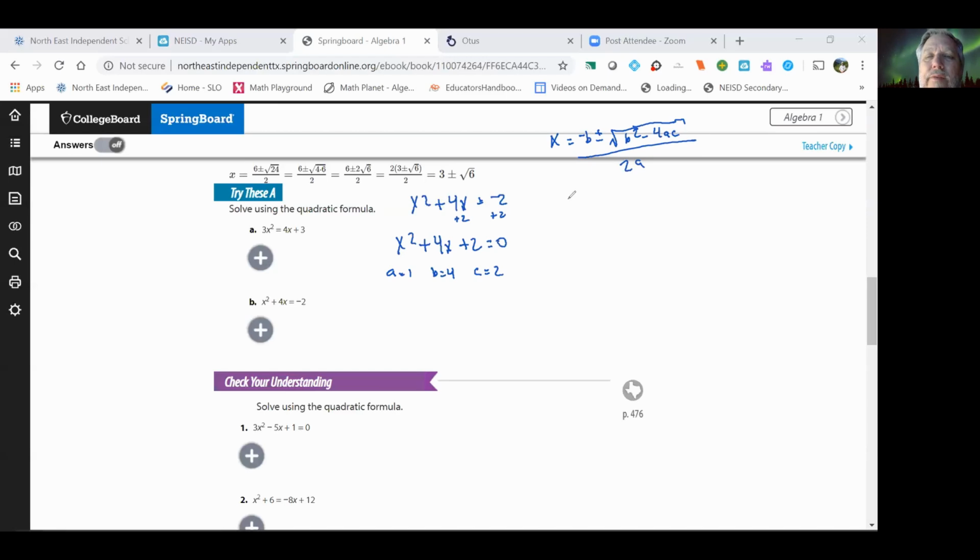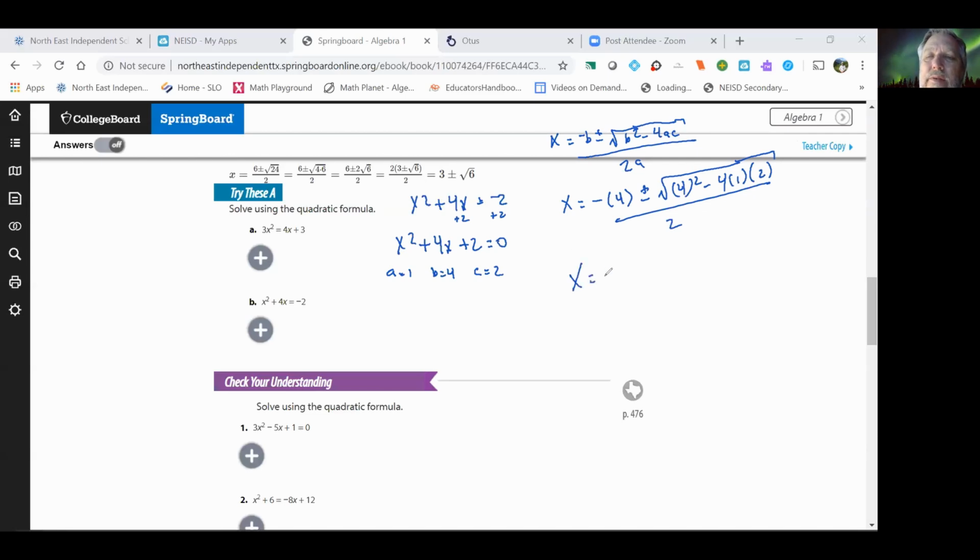We'll go ahead and plug in the information. X is equal to negative 4 plus or minus the square root of 4 squared minus 4 times 1 times 2, all that over 2 times 1, which is just 2.